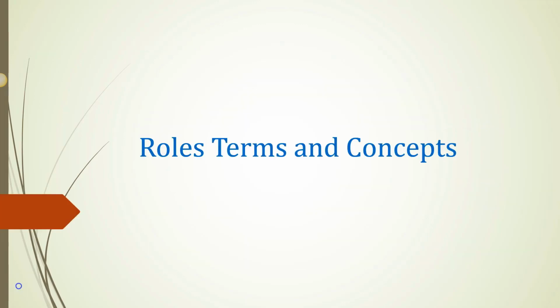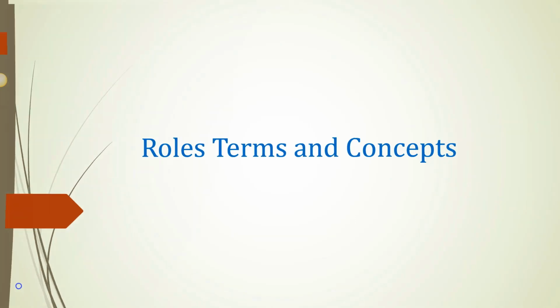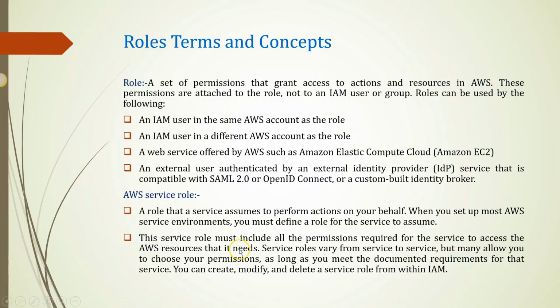Now let's talk about roles, terms and concepts. Now let's talk about role. A set of permissions that grant access to actions and resources in AWS. These permissions are attached to a role, not to an IAM user or group. Roles can be used by the following. First is an IAM user in the same AWS account as the role.